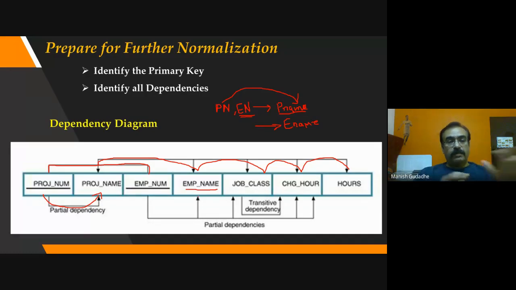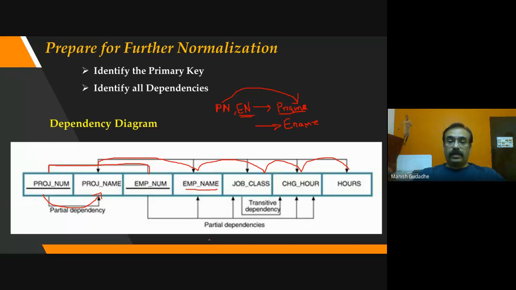Project name is only dependent on project number, and employee name, job class, and charges per hour are fully functionally dependent on only employee number. Okay, so this is the dependency diagram for this table.